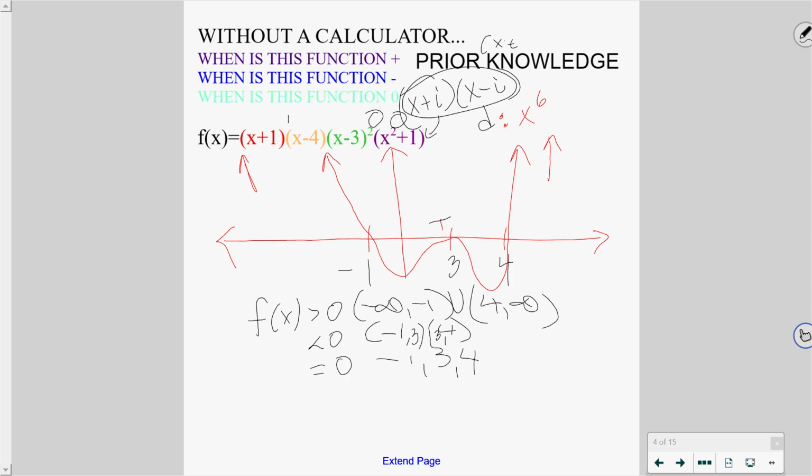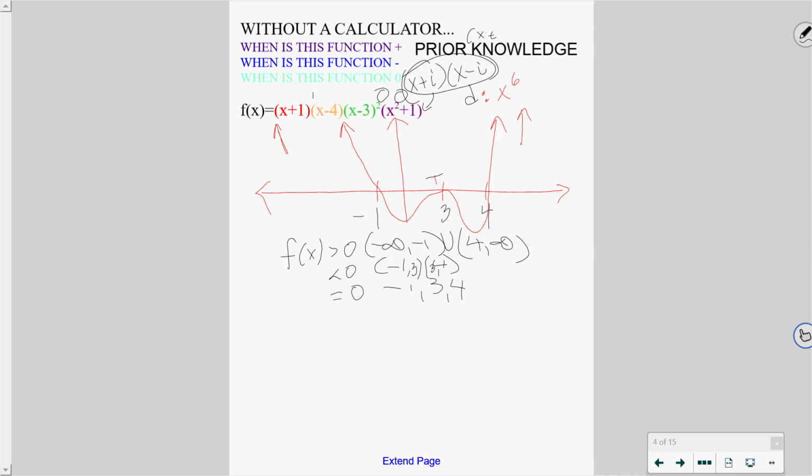So I could do this in a different way. We haven't had sign graphs lately. I missed them. -1, 3, 4. So remember what a sign graph is. What we're really doing is taking a number in each of these sections, plugging it in, and seeing how it behaves.